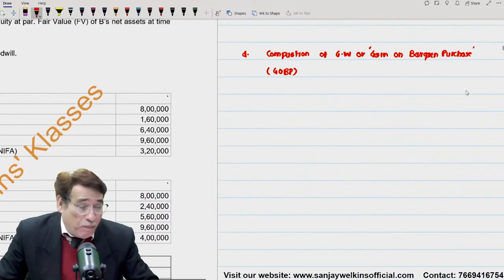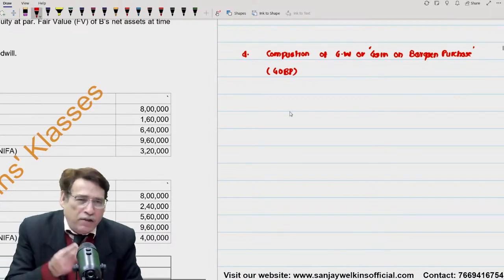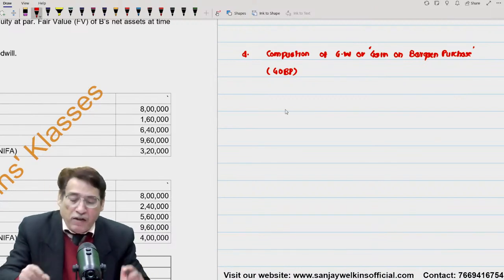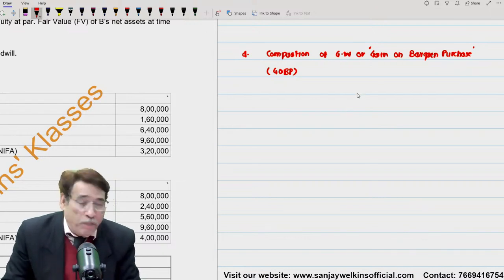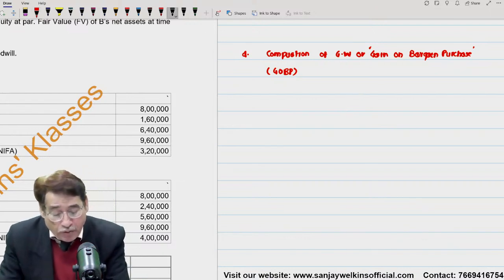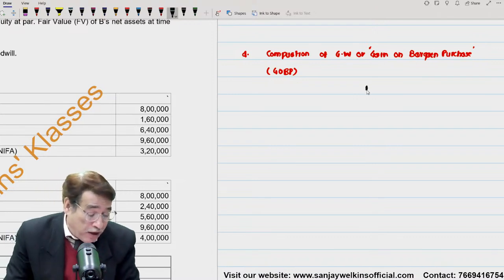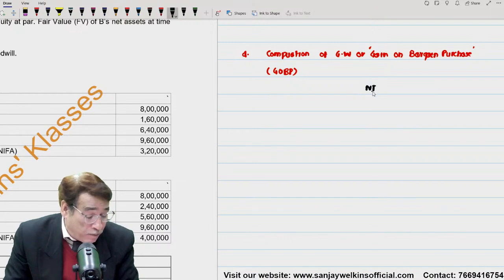Well, in order to compute the gain on bargain purchase, it is very simple. In fact, you have already learned that. Now I will tell you. All you have to do is, first of all, take into account the NIFA. And you know the meaning of NIFA now.